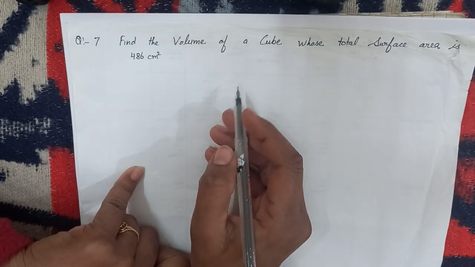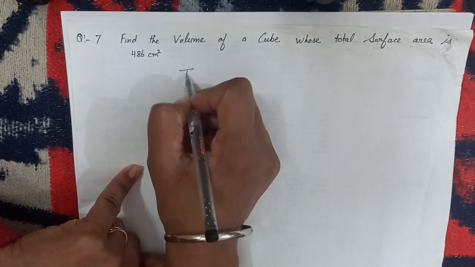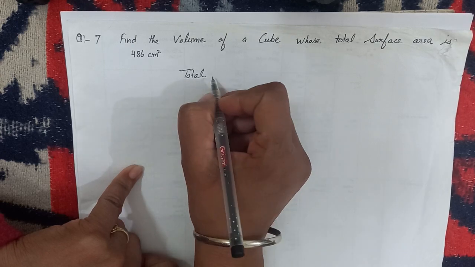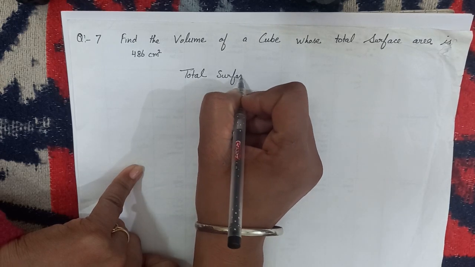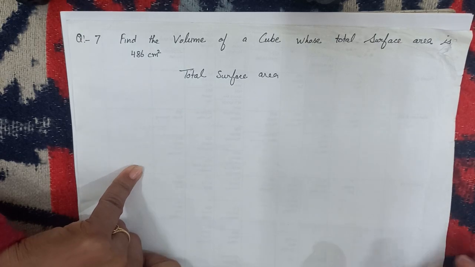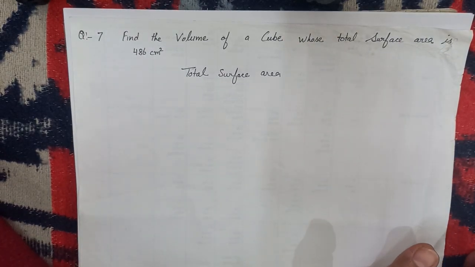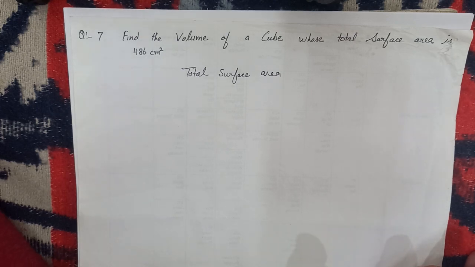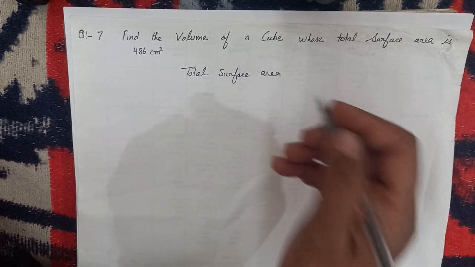Now here they have given us the total surface area and we need to find out the volume. As we have discussed in cylinder, we always need radius and height. Here there is only one dimension, that's A, the side of the cube. Whatever is given, total surface area, then we will find A. If the curved surface area is given, then by using the formula, we will find A. If the volume is given, then even we will find the A. So I will do only one question, and in the same way, we can do all similar questions.